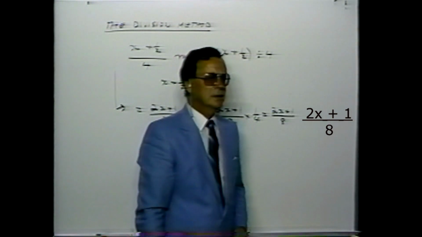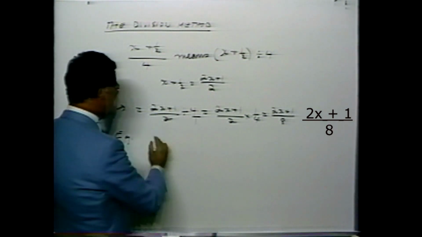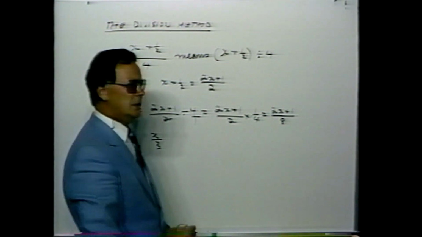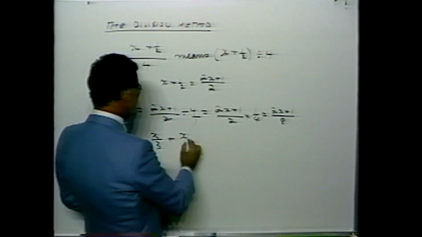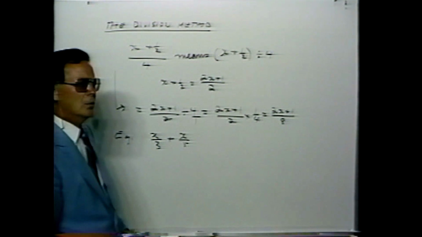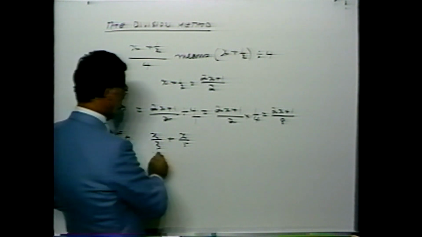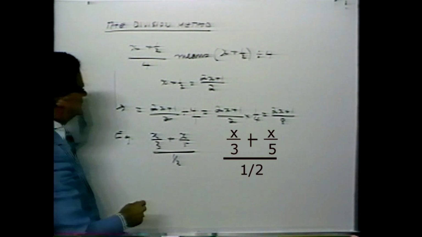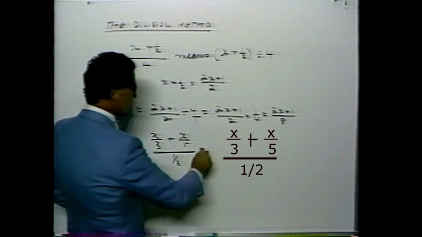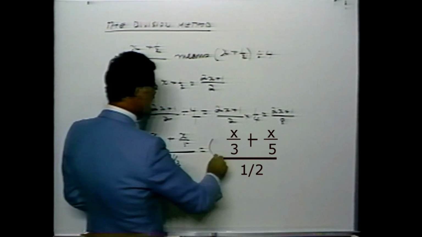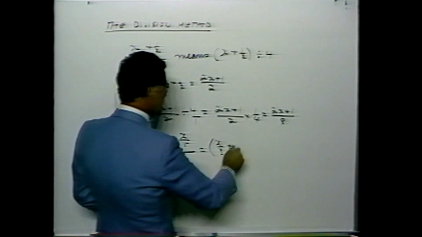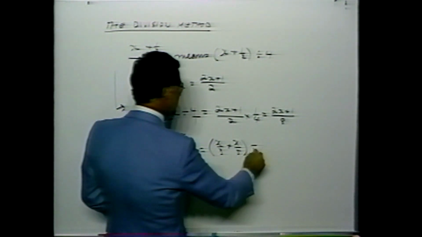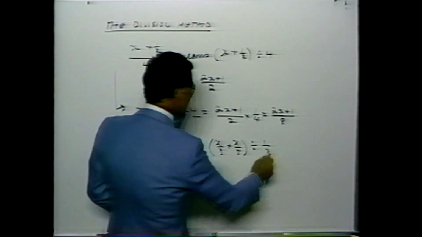Another example: we have (x over 3 plus x over 5) all over 1/2. By the division method, we observe that this is equal to x over 3 plus x over 5 divided by 1/2.